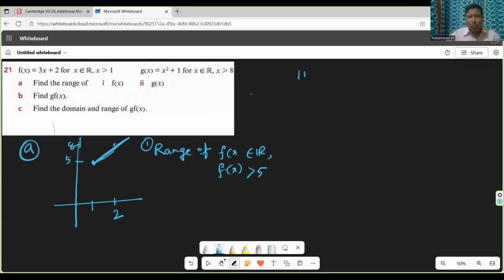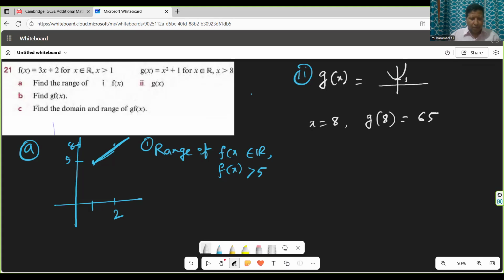Number 2, the range of g(x). If we sketch this curve g(x), the lowest value is 1. We have to put x value greater than 8. So if you put x value 8, what will be g(8)? g(8) will be 8 squared, 64, plus 1, which is 65.